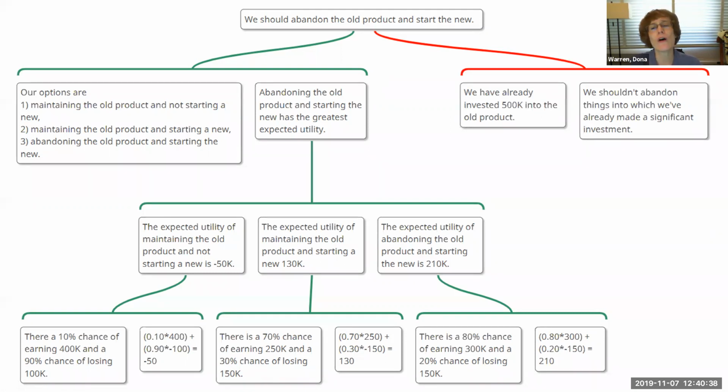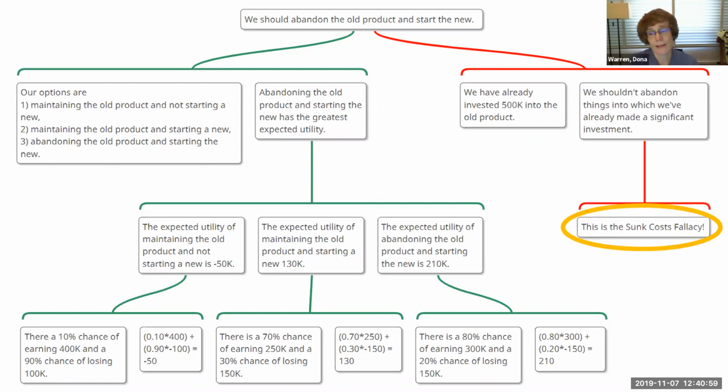We could say, but look, we've already invested $500,000 into this old product. And clearly we shouldn't abandon things that we've already spent a lot of time and energy on, right? We want to honor our previous investment. But often we don't. Assuming that we always do is the sunk costs fallacy.